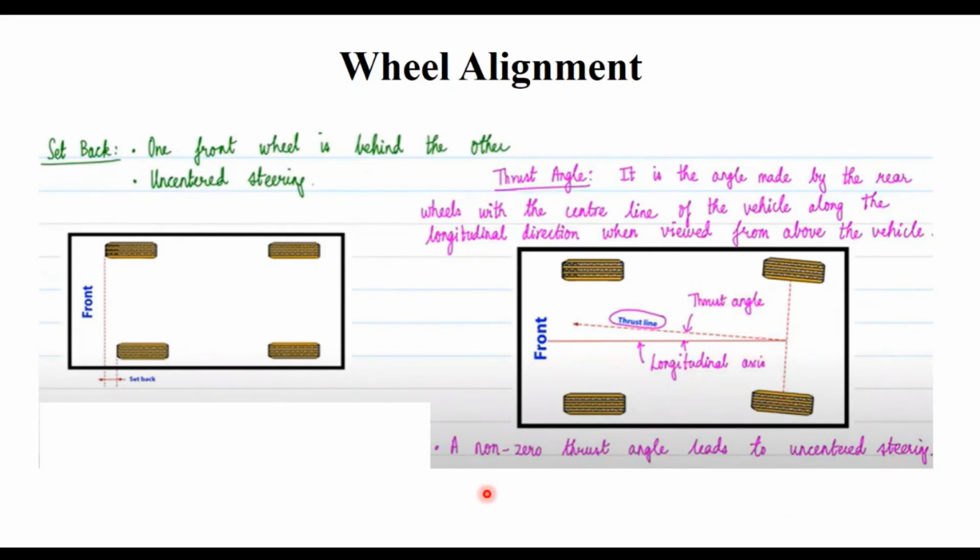If you have a non-zero thrust angle, it leads to uncentered steering. So here the steering is not centered, and the angle is also not zero. That's why if you have a non-zero thrust angle, the indication is that it leads to an uncentered steering system.